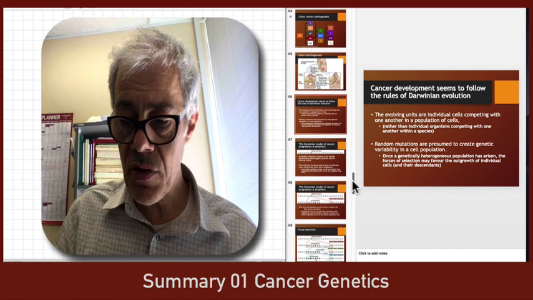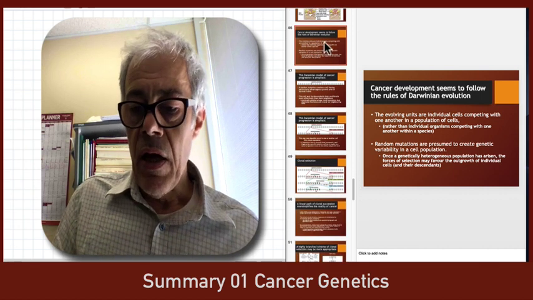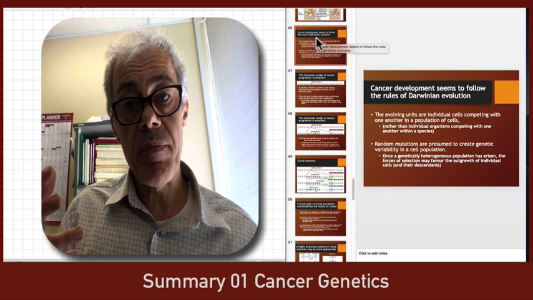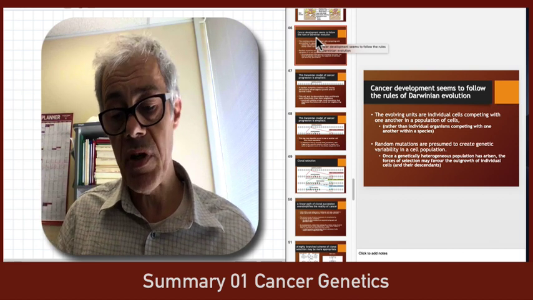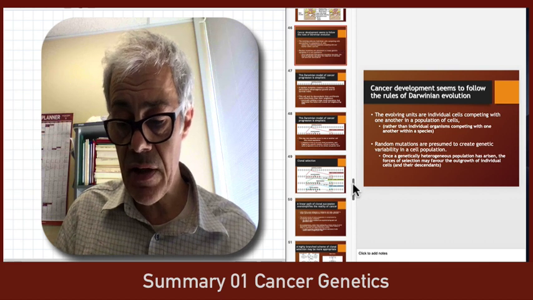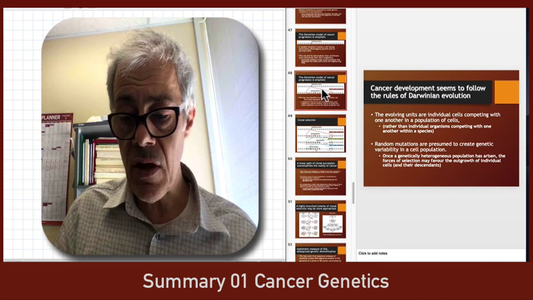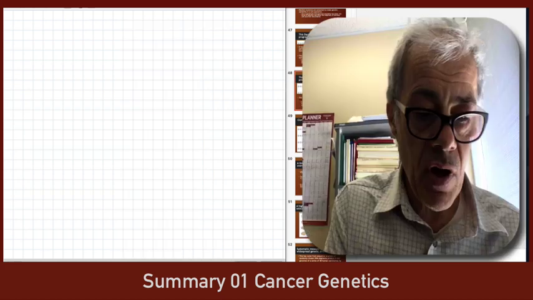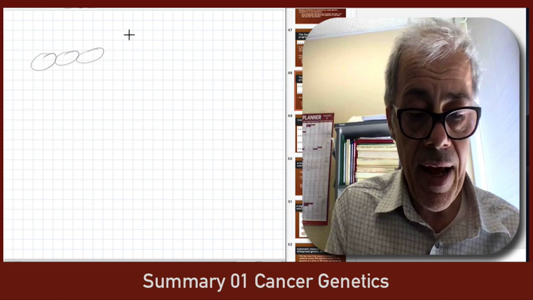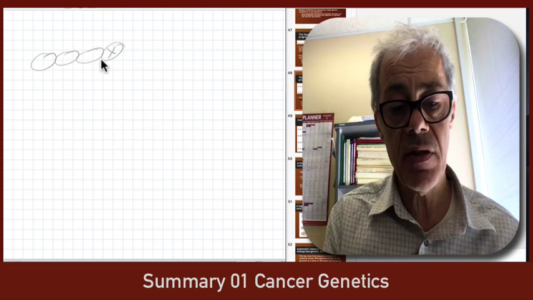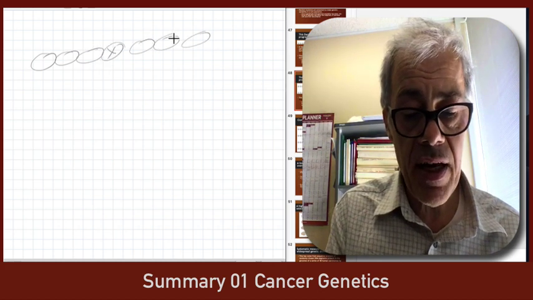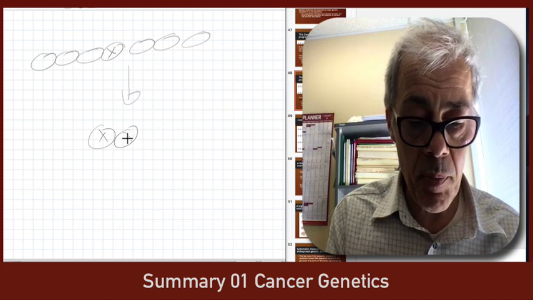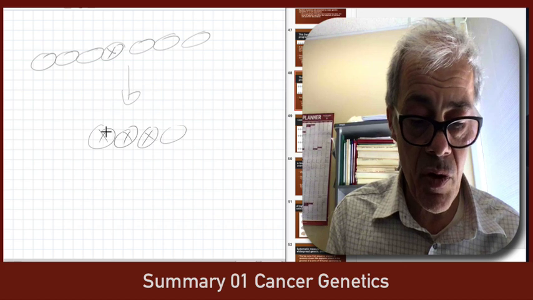There's this concept of another way of thinking about succession of phenotypes or multi-step tumorigenesis, multiple hits within one cell. Another way of thinking about that is looking at clonal selection. So this is the idea that you've got a whole bunch of cells, and one of those cells picks up a mutation, and that particular cell over a period of time is able to outcompete and outgrow the ones around it.